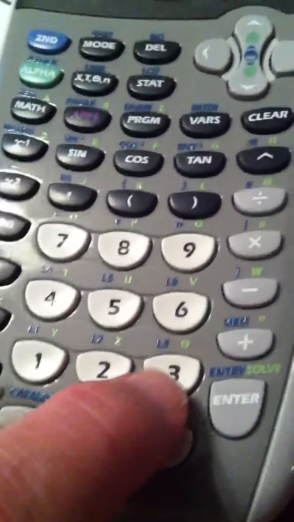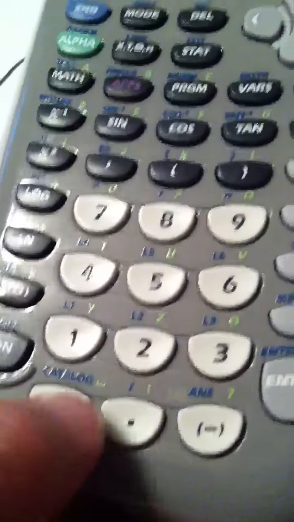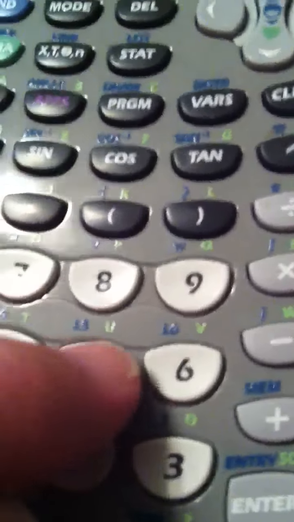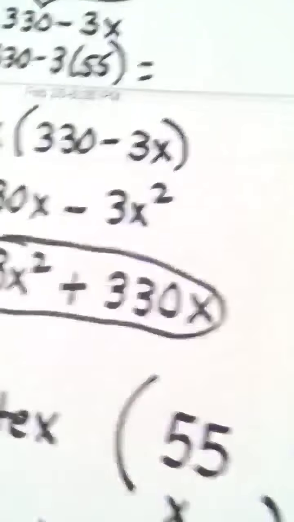I think it's 165, but let's see, 330 minus 3 times 55, and hit enter, and we get 165.